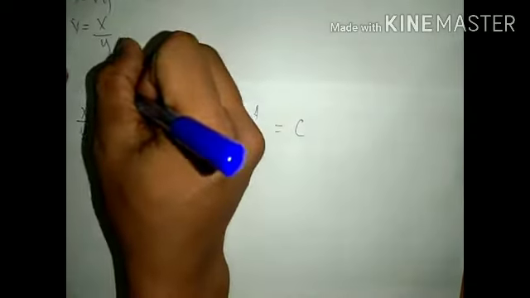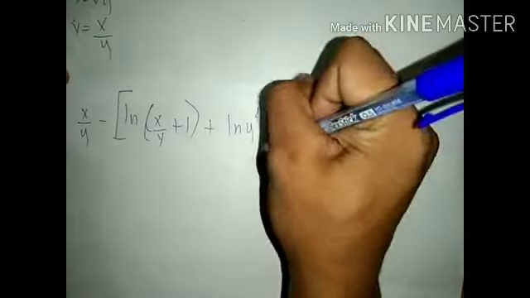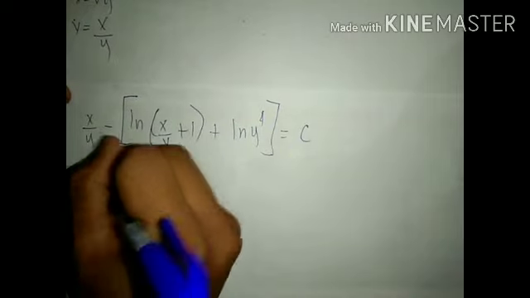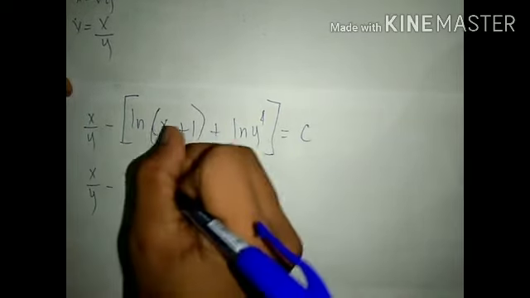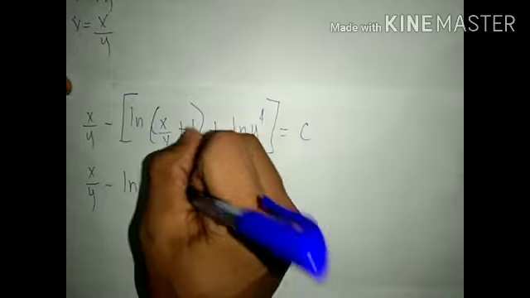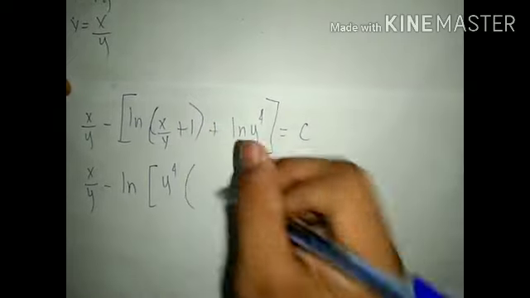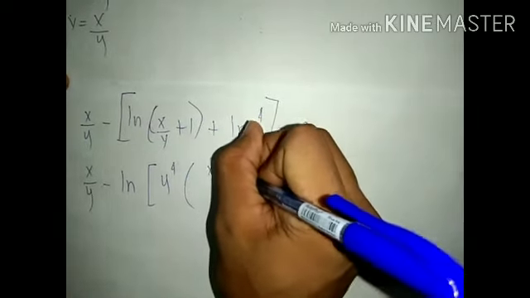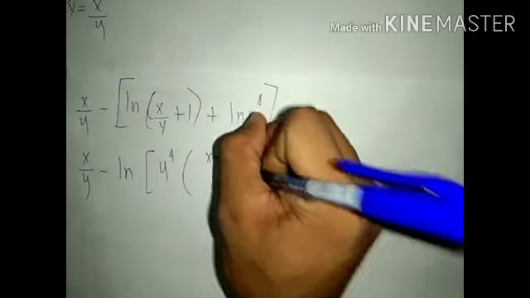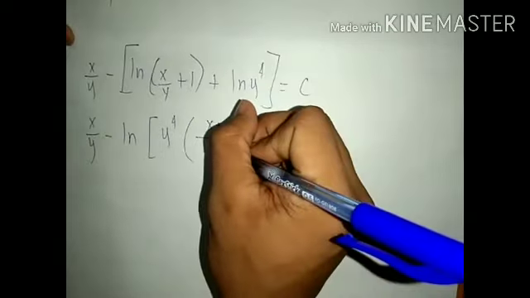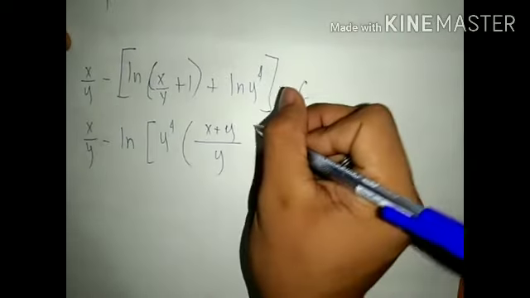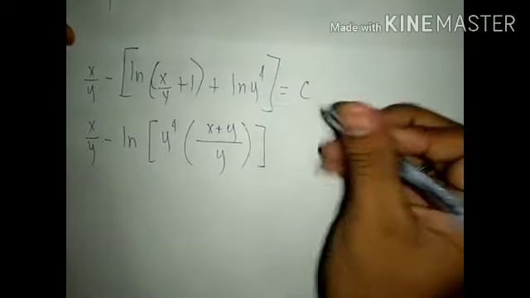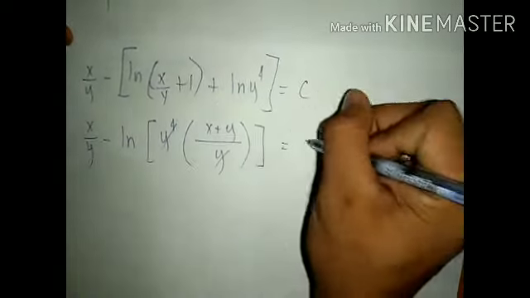So kani siya aton siyang i-combine, iusa na to sa kuan, ipagawas na to ang atong ln xy minus ln y over 4 times x plus y over y. So cancel out na siya. Cancel out is equals to c na siya.